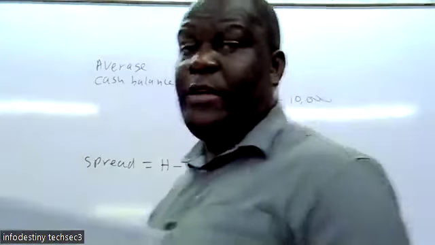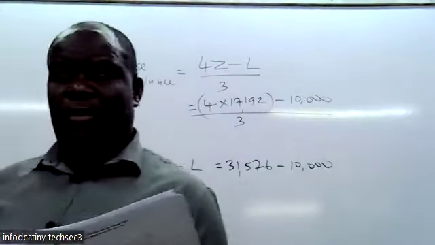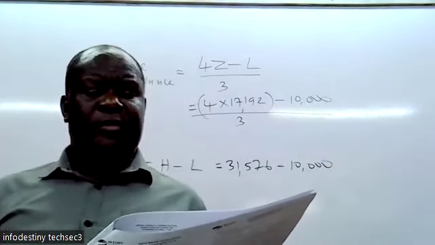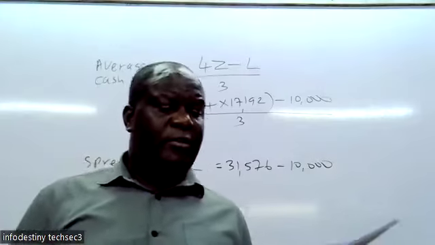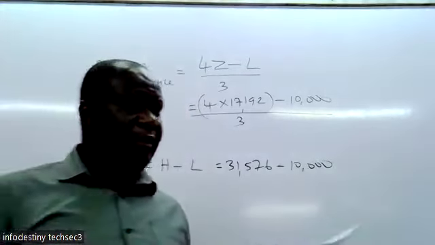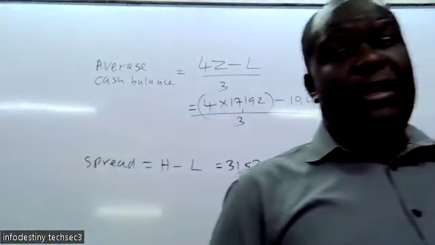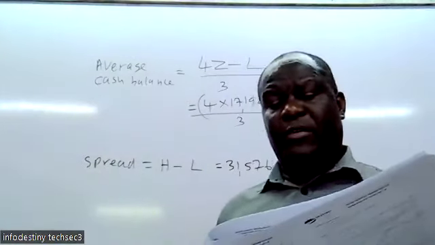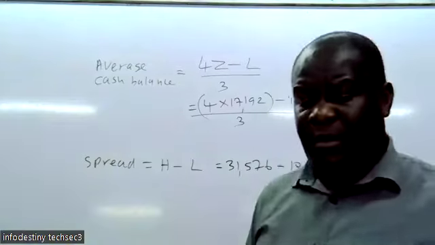When you square 2,000 is when you get a variance of 4 million. Note number 3, the transaction cost of buying or selling the securities is 50. Note number 4, interest rate is 0.025% per day.